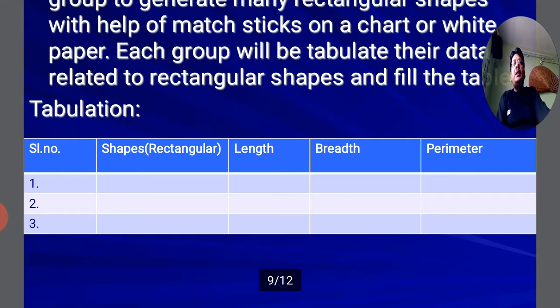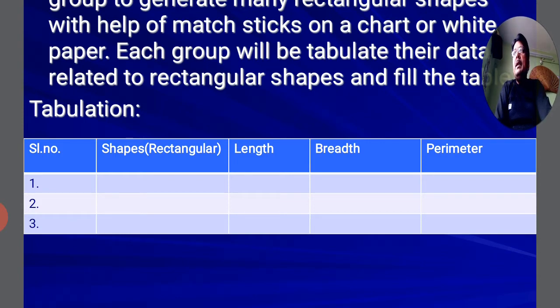In this tabulation chart there are 5 columns. The first column is the serial number, the second column is the rectangular shape's name, or rectangle, the third column is the length, the fourth column is the breadth, and the fifth column is the perimeter.